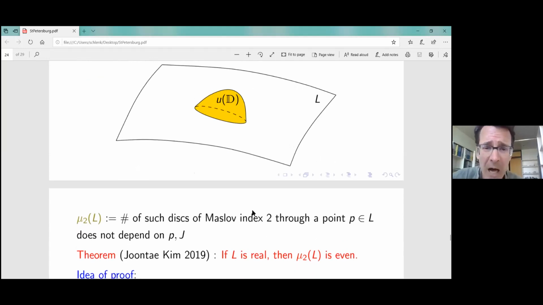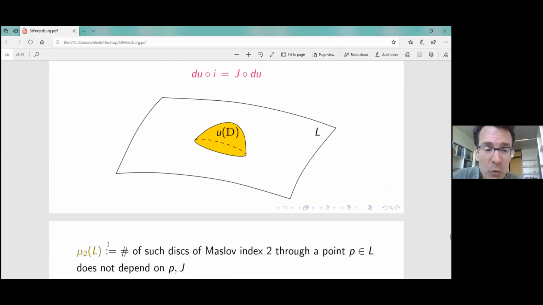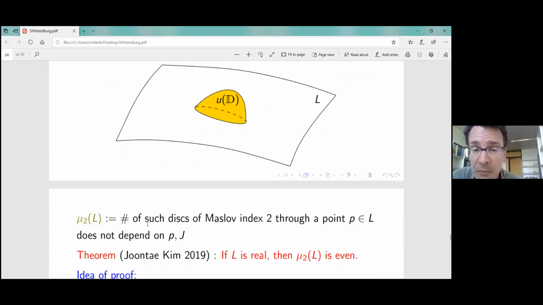So this can only be done in a, you see, it should not depend. When you count, you should first say that you want to go through a fixed point in the Lagrangian. Otherwise, you have too many. Second, you want to have the thing independent of J. Otherwise, it's not a good invariant. It should depend only on L and M and omega. So this only works when you say that the Maslov index of the curve is 2, because then something bad cannot happen.